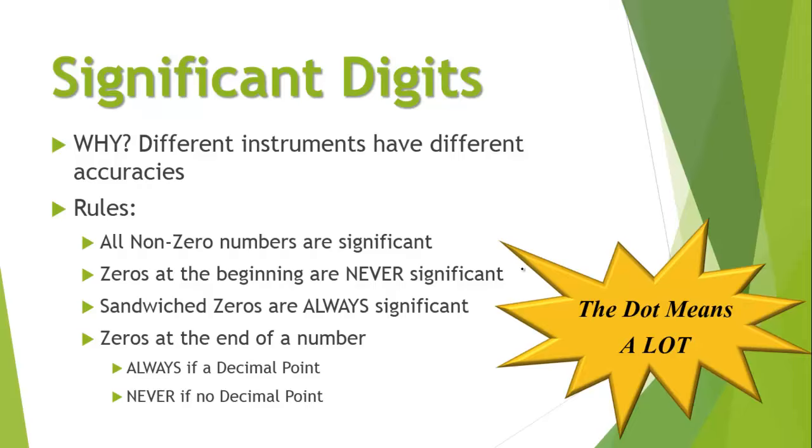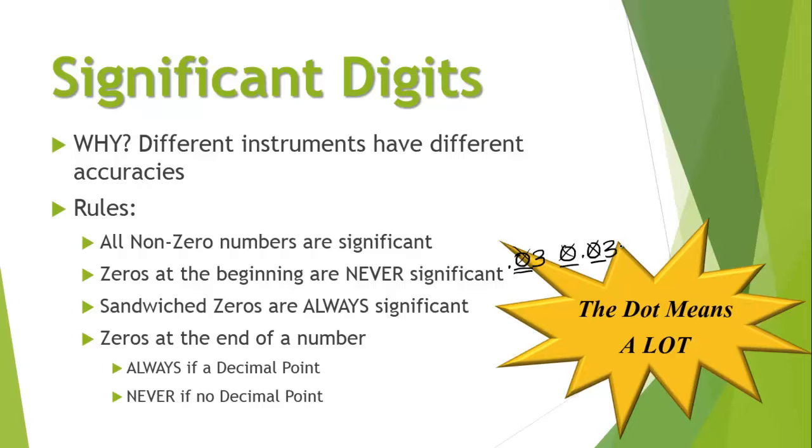So what we're talking about here is 0.03. These zeros are at the beginning. That means they are not significant values. Do you need to write them? Of course. They're going to hold the 3 in a place value, but the zeros themselves are not considered significant.